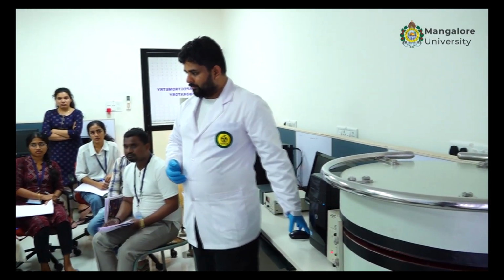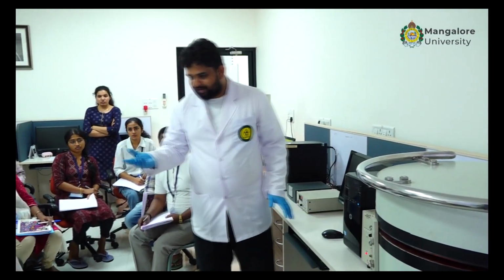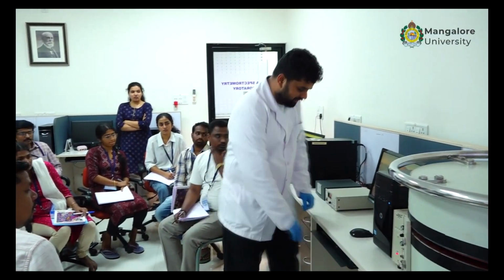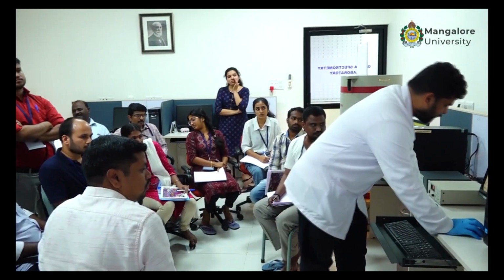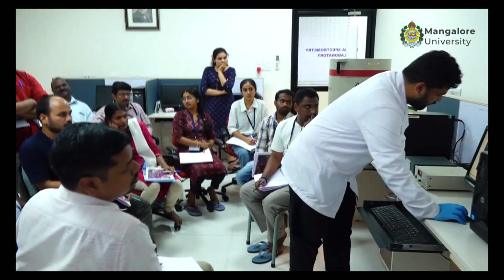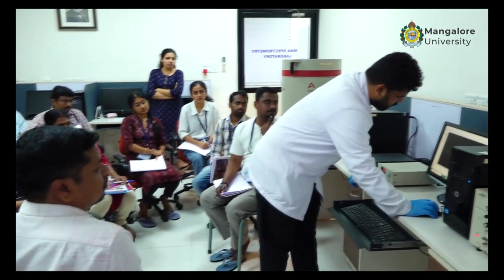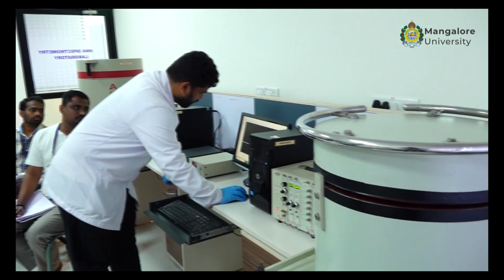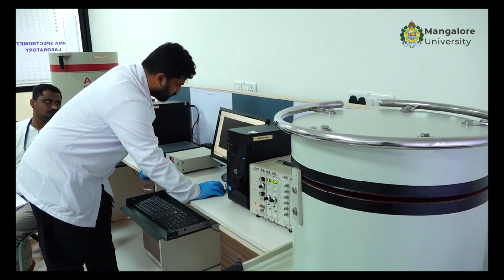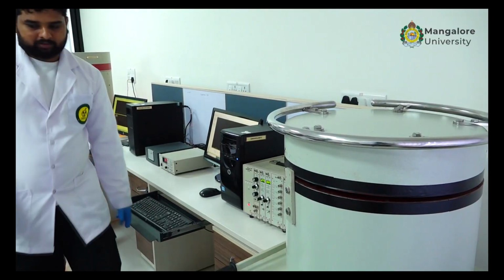Cobalt has 2 peaks, cesium has one, so 3 peaks. So let's start the counting. I hope you can see the peaks. How many peaks should we pick then? The annihilation peak is also there, and the double escape peak. Some peaks should also be there.